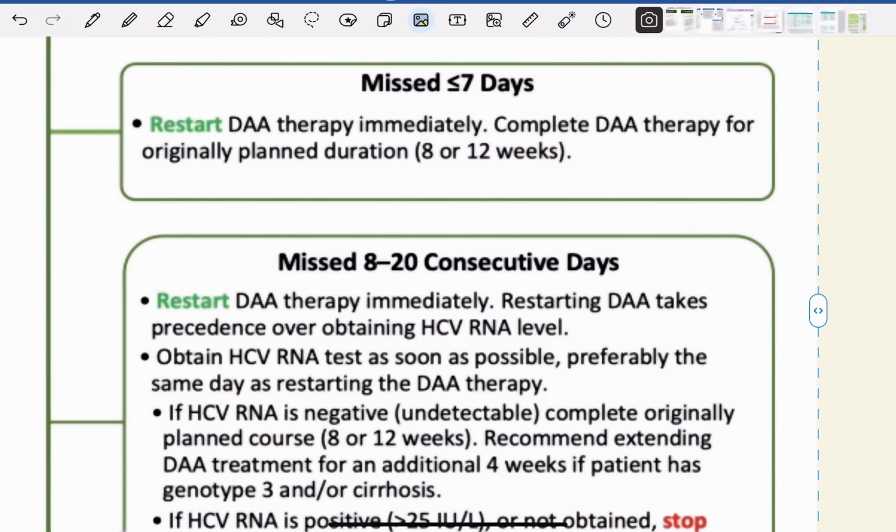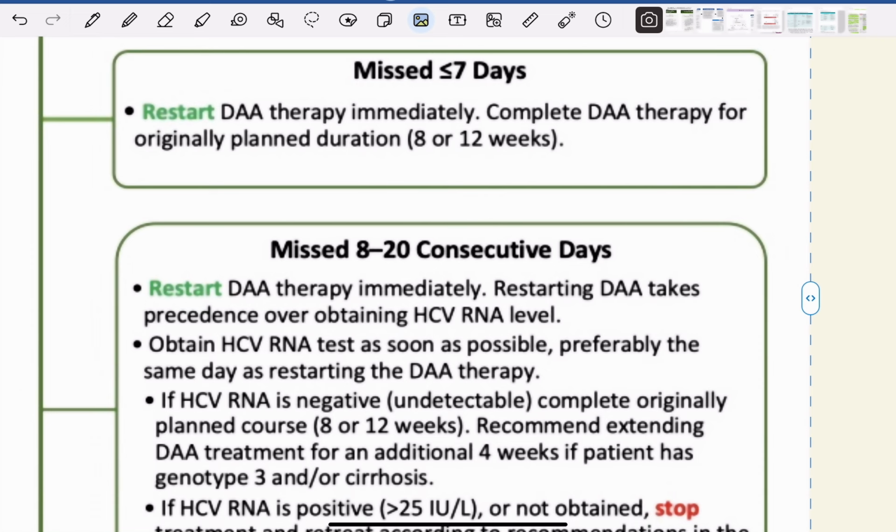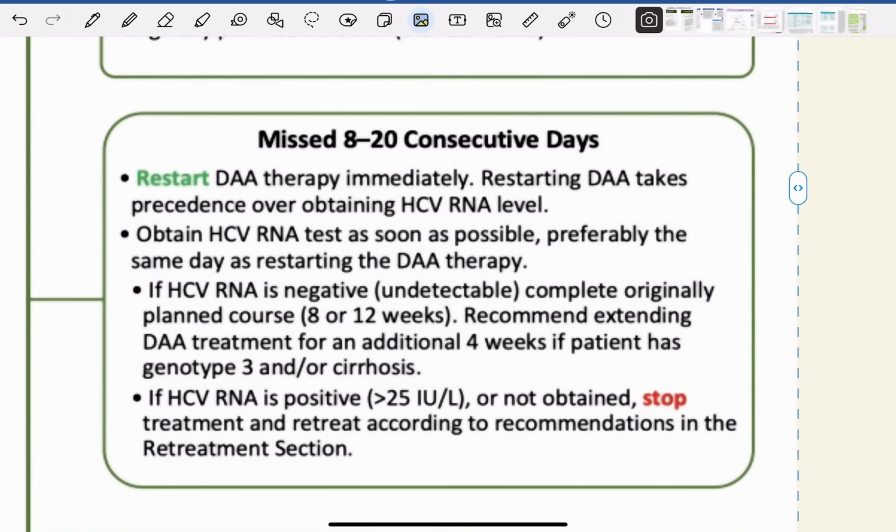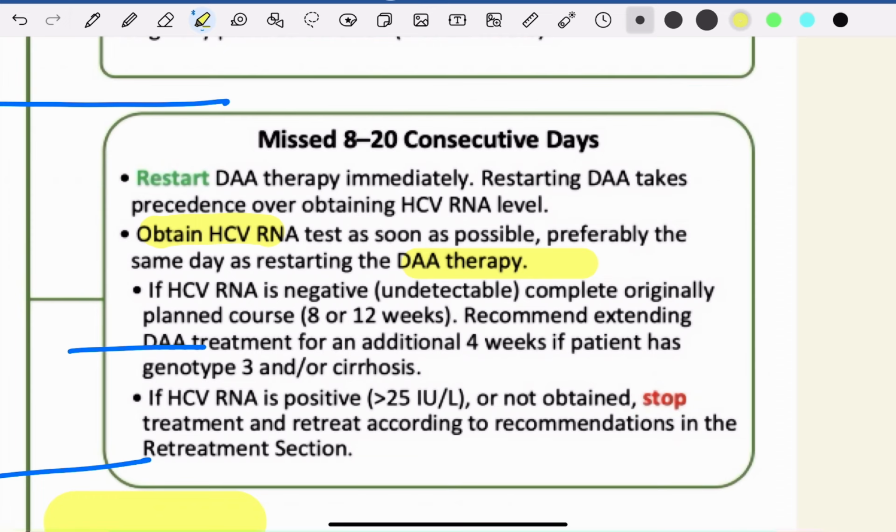But what if the patient has missed around 8 to 20 consecutive days? Then you restart the DAA and obtain HCV RNA again. If it is negative, complete the originally planned course. If it is positive, stop treatment and restart according to the recommendations in the retreatment section.